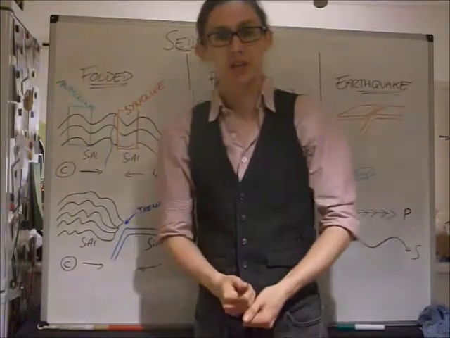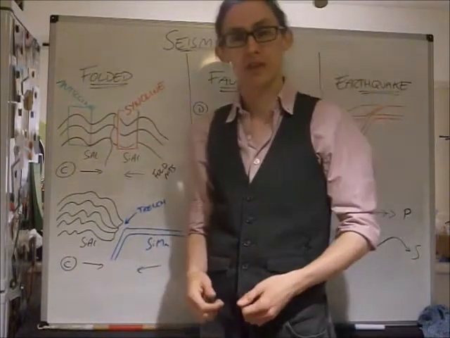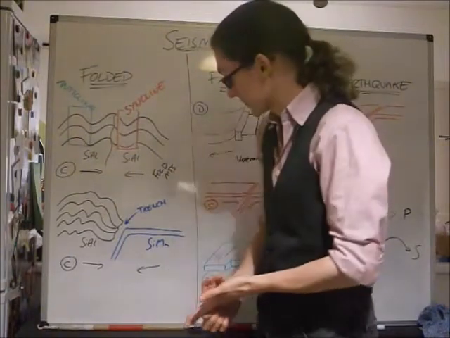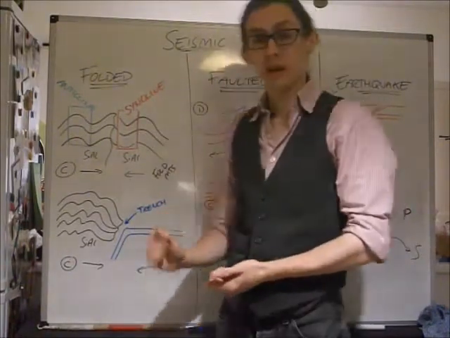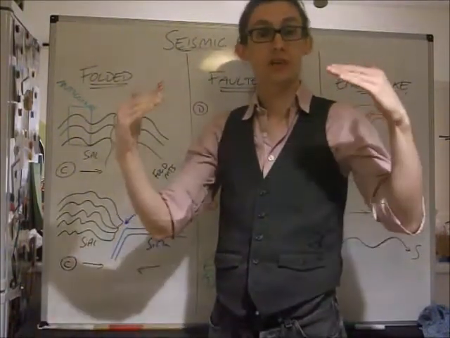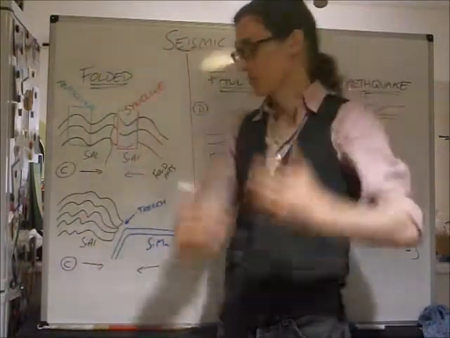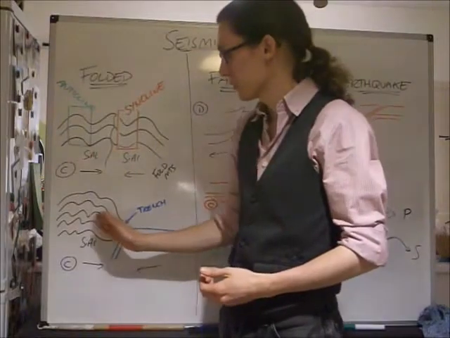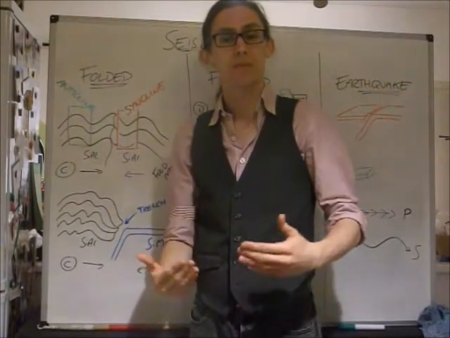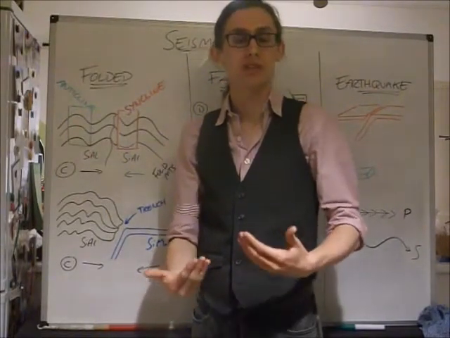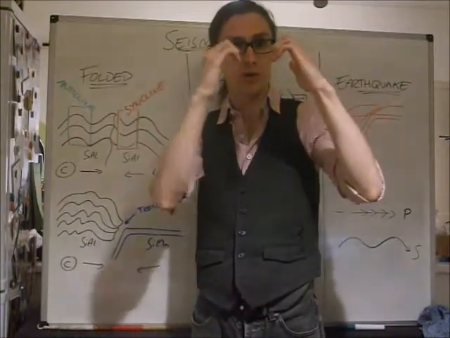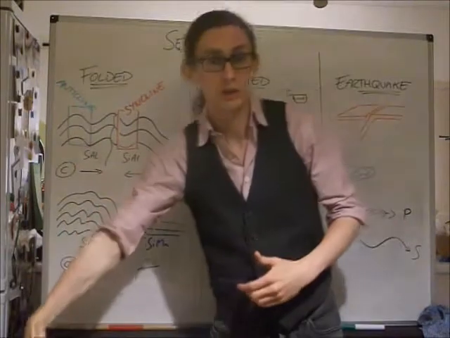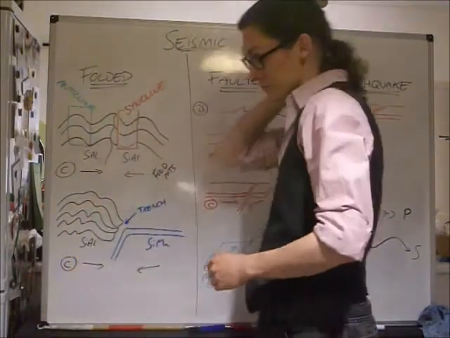Where we've got a Sial and a Sima plate coming together, an oceanic and a continental, in other words, the Sima oceanic plate, being more dense, will subduct underneath the Sial continental plate, but it will cause folding. The Sial plate is less dense, so it's less strong and will fold up, whereas the more dense Sima plate will simply warp and go underneath without folding.